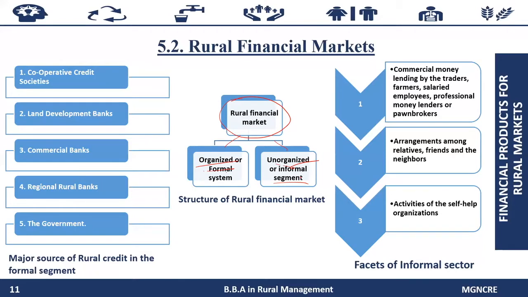These are the major sources of rural credit in the formal segment: cooperative credit societies, which are regarded as the cheapest as well as an important source of credit in the rural areas. Then land development banks.